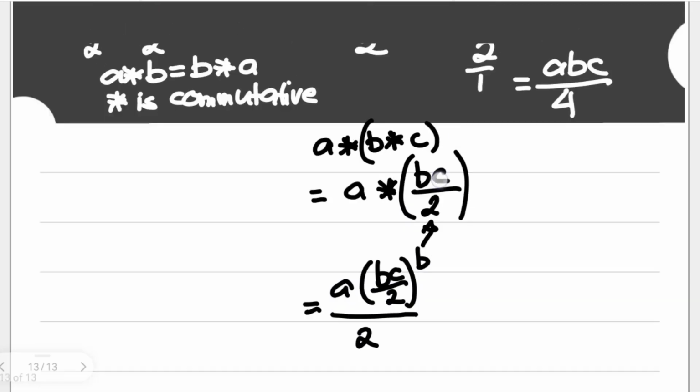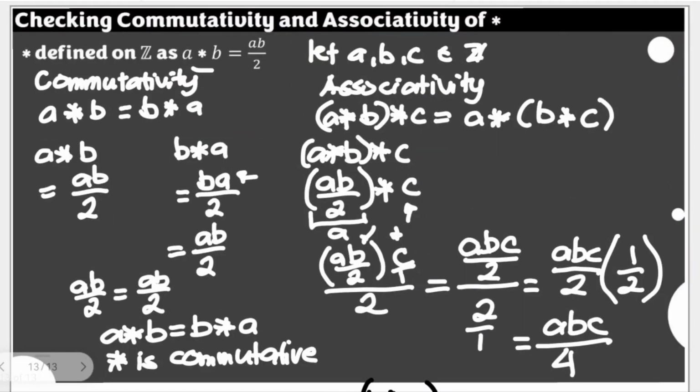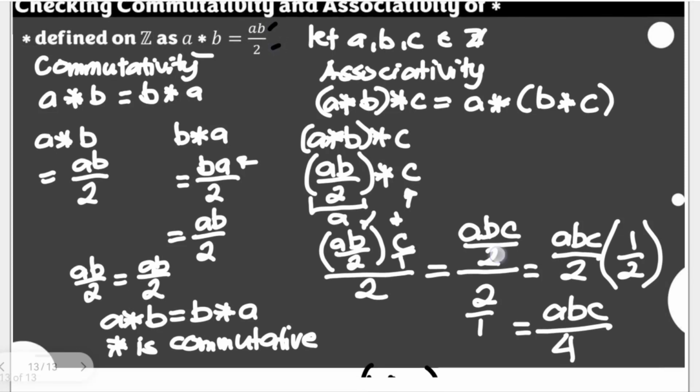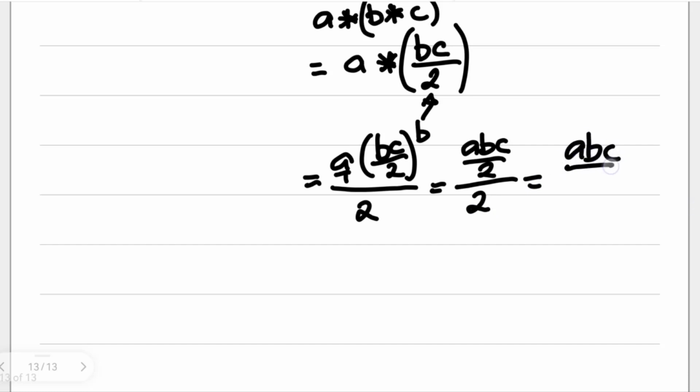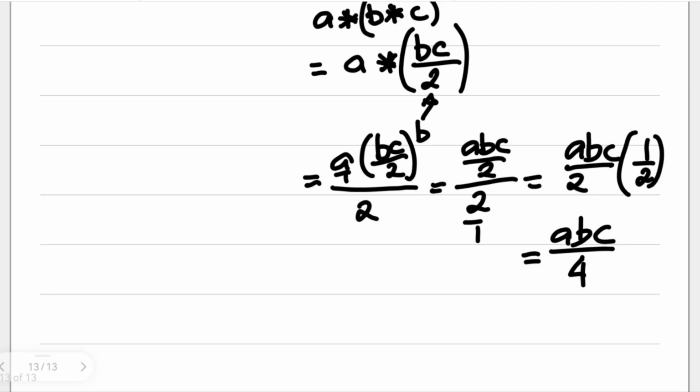As the definition again tells us, the product of A and B, then divide by 2. So with this, simply try to manipulate this one. Again, this is over 1. So you have ABC over 2, all over 2, which is actually ABC over 2 times 1/2. In short, we'll have here ABC over 4.